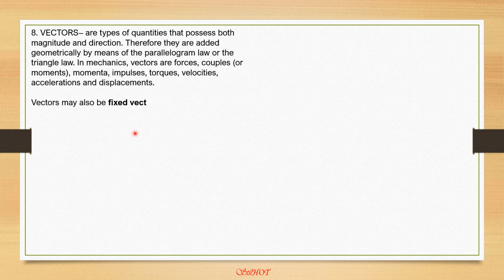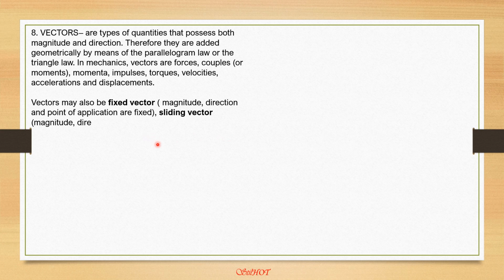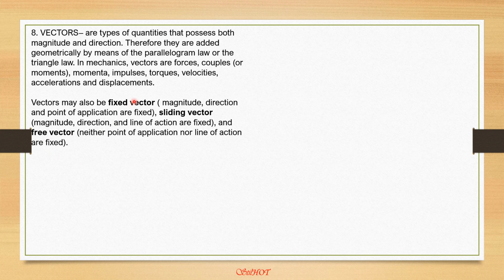Vectors may also be fixed vectors: magnitude, direction, and point of application are fixed. Sliding vector: magnitude and direction as well as line of action are fixed. And free vectors: neither point of application nor line of action are fixed. So those are the definitions of vectors.